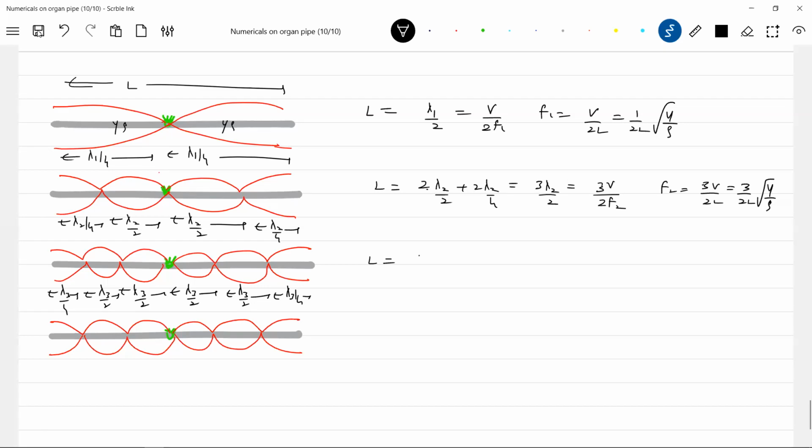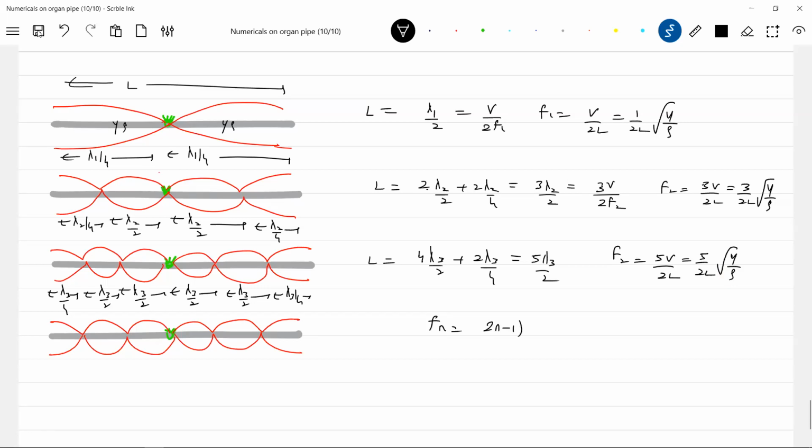So what is the length is equal to 4 lambda 3 by 2 plus 2 lambda 3 by 4, that is 5 lambda 3 by 2. Directly I'll write it 5V by 2L, or 5 by 2L square root of Y by rho. Anybody generalize the equation?